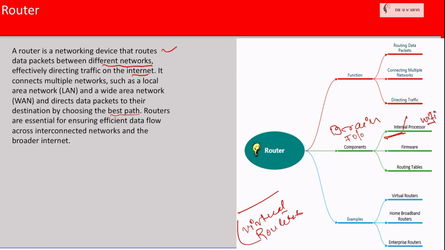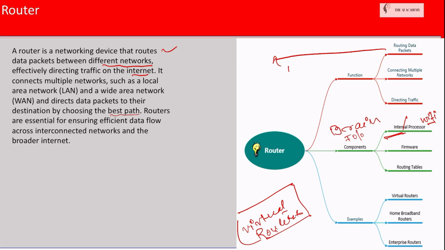Routers play a crucial role in modern networking by managing data traffic between different networks and ensuring efficient and secure data transmission. Here's a closer look at how routers perform their functions. Routing data packets. Routers receive data packets from connected devices and determine the best path to forward these packets to their destination.